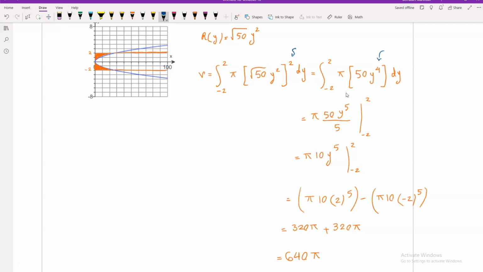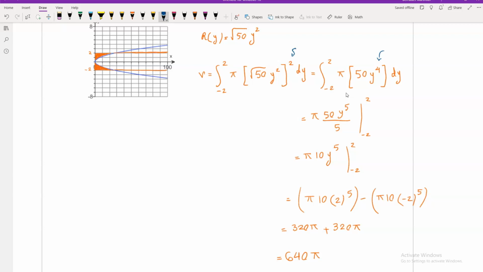So what I have here is pi times 10 times y to the 5th power, and now using 2 for y and -2 for y. That is equal to pi times 10 times 2 to the 5th power minus pi times 10 times -2 to the 5th power. 2 to the 5th power is 32, times 10 is 320 times pi.